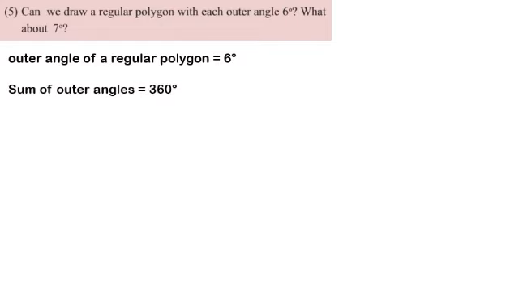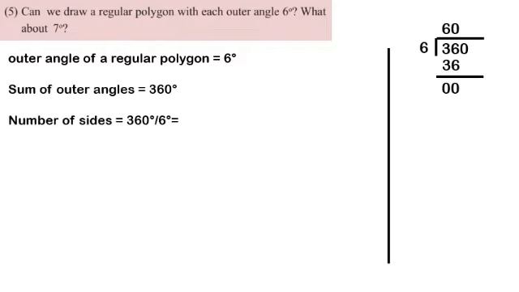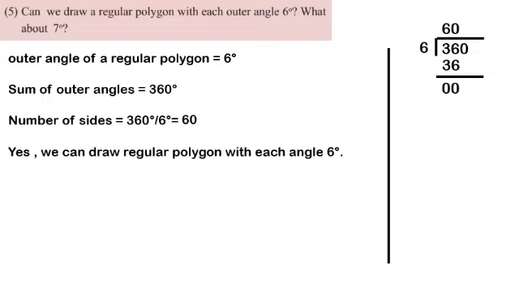So start writing. First, outer angle of a regular polygon equal to 6 degree. We know the sum of outer angles equal to 360 degree. So the number of sides equal to 360 by 6. We get 60. So we know the number of sides equal to 60. So we can draw a regular polygon with each angle 6 degree.